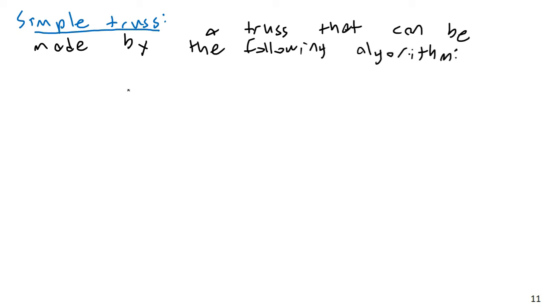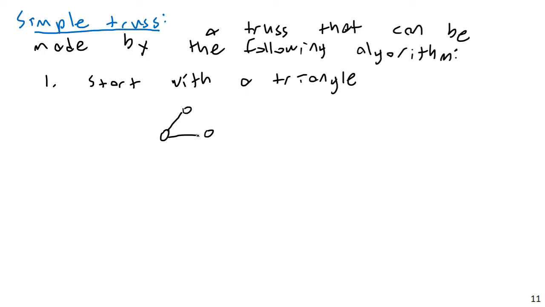Or process, or whatever you want to call it. One, start with a simple triangle. So you have joint, joint, joint, member, member, member.